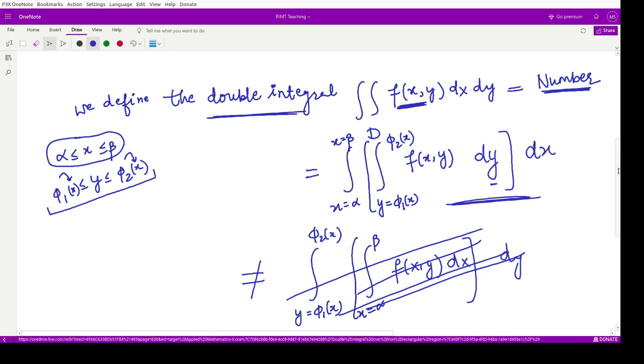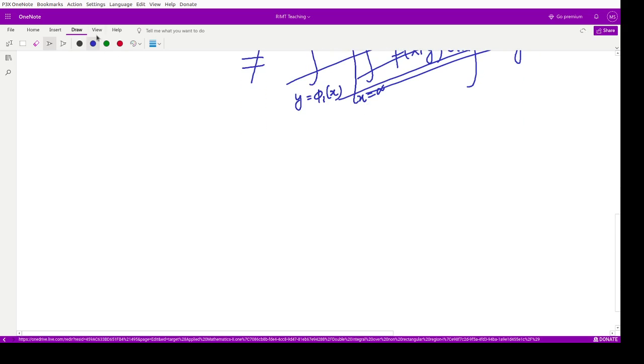Similarly, in case 2, suppose your region D is defined like this.